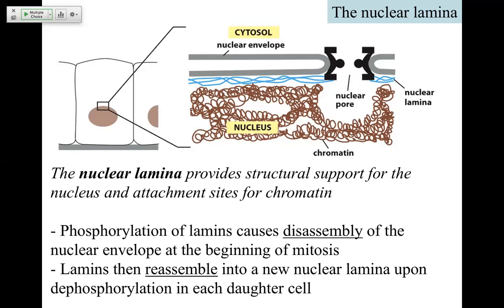Then later, when new daughter nuclei are forming in the daughter cells, once cell division has been completed, the lamins will be dephosphorylated, and that will allow the lamin fibers to reassemble the lamin filaments, which will then allow them to essentially bring together all the different pieces of the nuclear envelope to form those daughter nuclei.